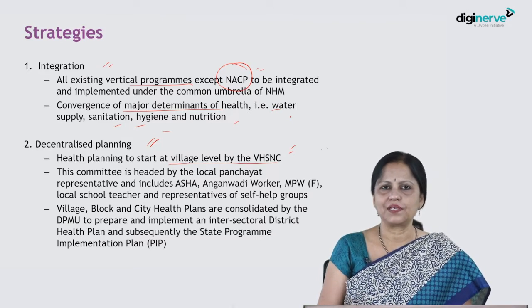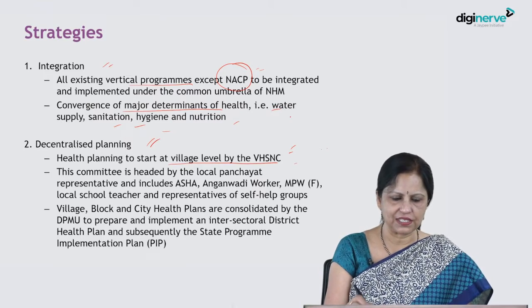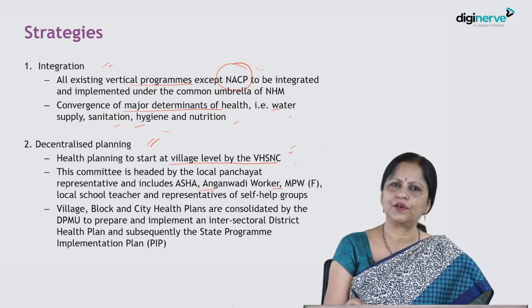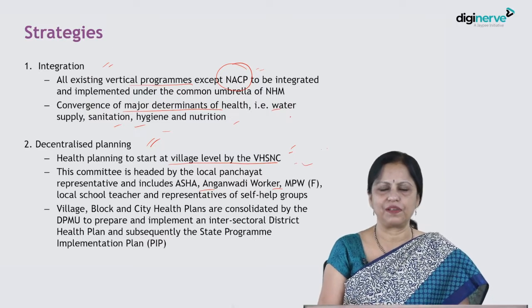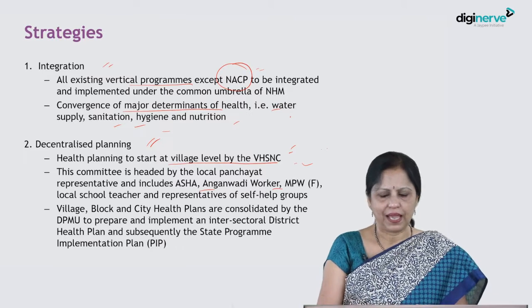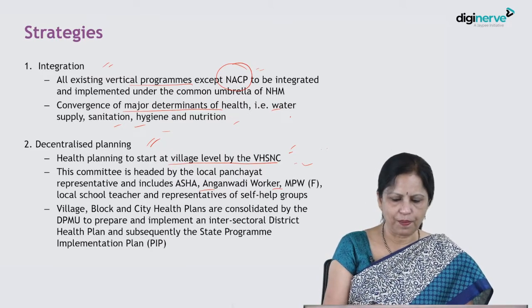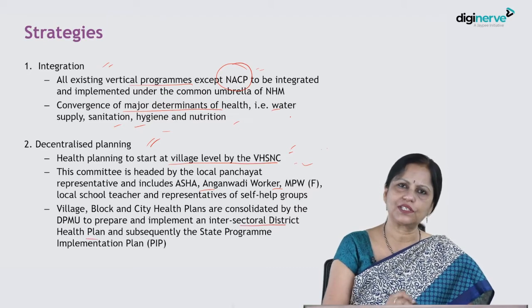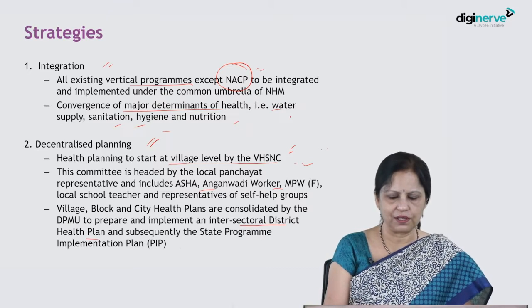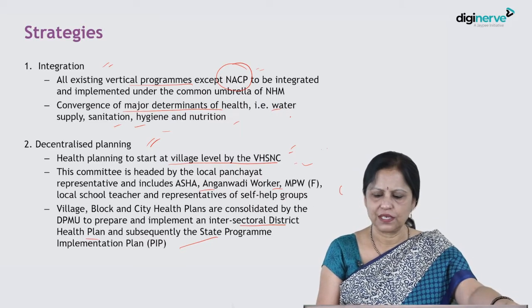The first village level plan will be made at the VHSNC with the ASHA, Anganwadi worker, and the multipurpose worker, male and female, all together making the village health plan and the sub-center plan. These together will make the PHC plan, and from that the block plan, then the intersectoral district health plan, and subsequently all together the state program implementation plan. So that is bottom-up planning, or decentralized planning.